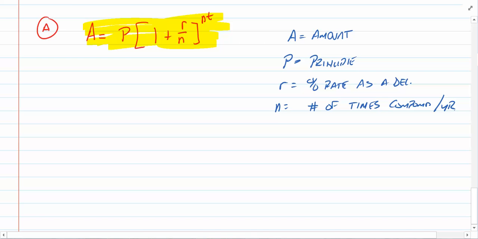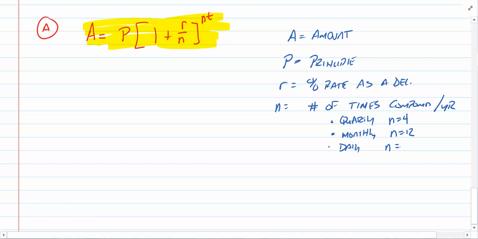This could happen if, for an example, we see the word quarterly. Okay? That means that our N would be 4, because there are 4 quarters in a year, right? If it happened monthly, then our N would be 12, because it would be 12 times in a year. If it happened daily, our N would be what?